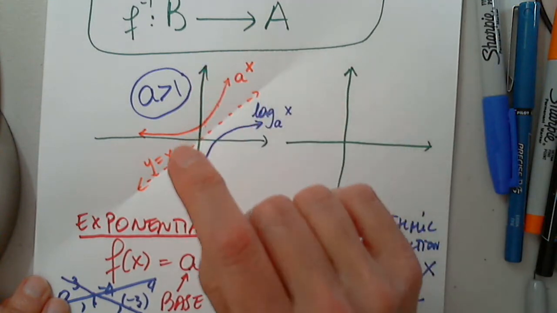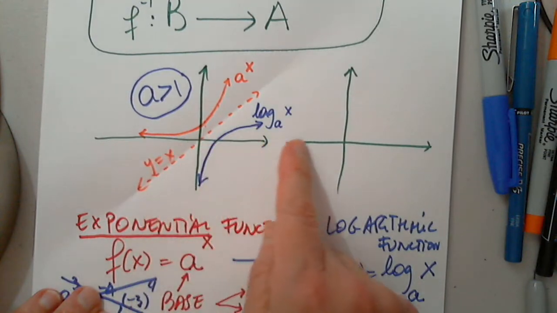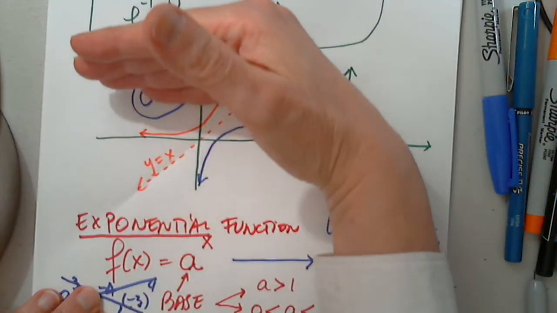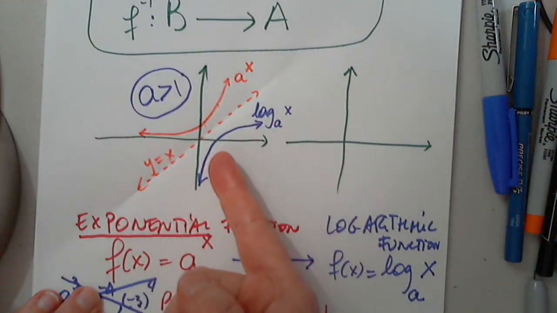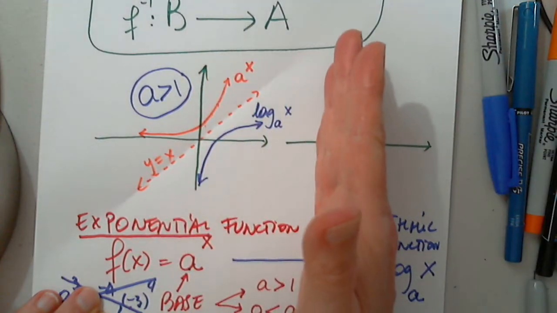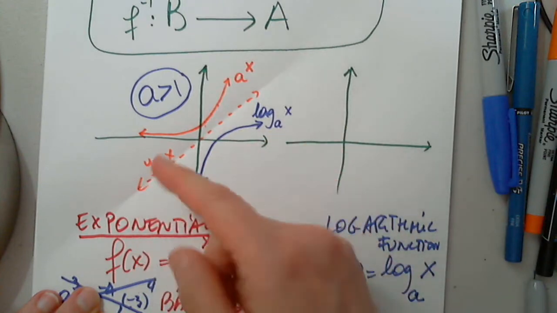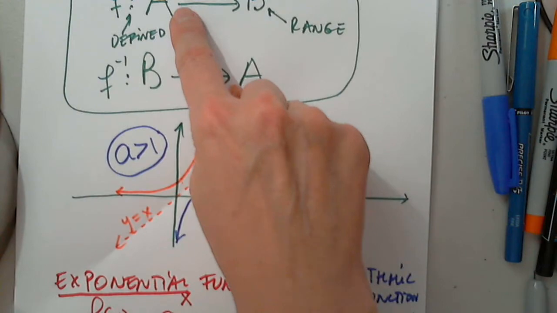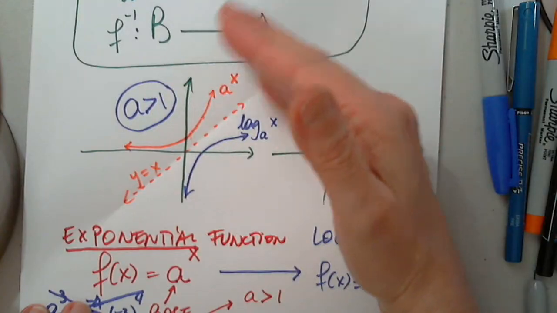Now, notice that this function is very nice and friendly, defined everywhere, with range 0 to infinity. Well, the reverse happens here. Domain 0 to infinity and range everything. One more time. This has domain everything. It will be the range of this function.